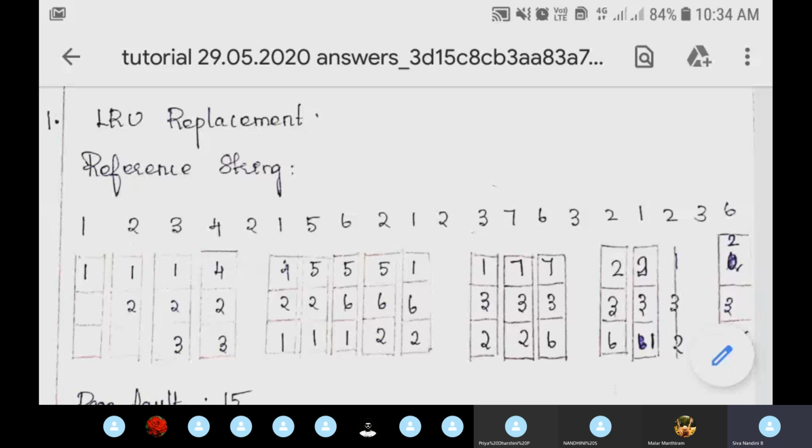After having pages 1, 2, 3 in the frames, we have the 4th page in the reference string. This 4th page is not available in the frame. So we need to bring this 4th page into the frame. For that, what will we do? We will be checking the past pages. So among the pages before 4, which one was not used recently? Which pages are there? 1, 2, 3.